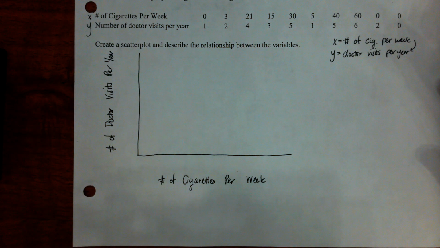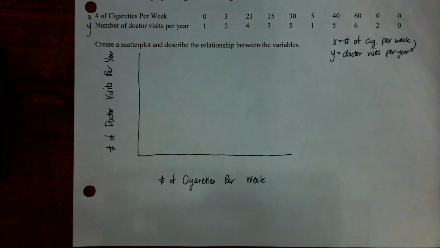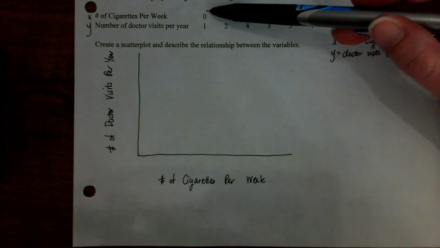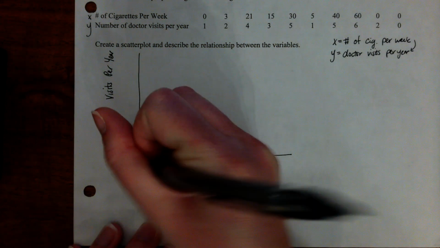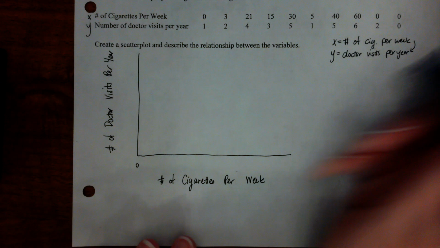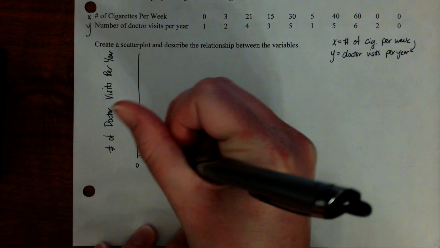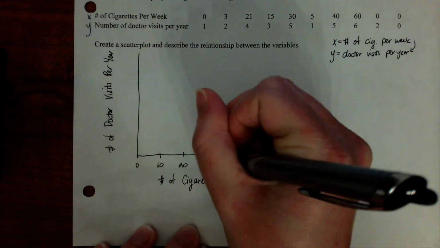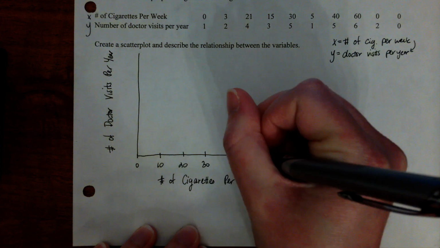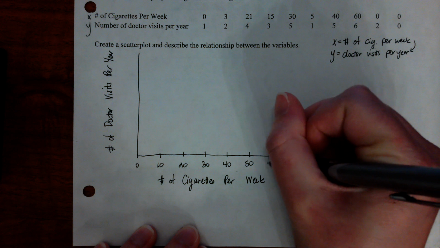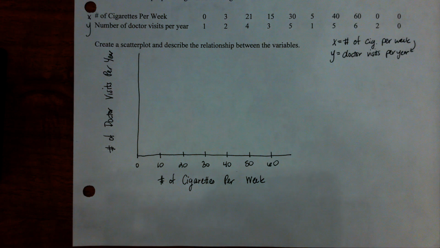All right, so now we're going to start plotting these points, but we kind of got to figure out what we're going to go up by. So let's see. For our x, we got to start at 0. So we'll have 0 down here. And we got to go up to 60. So we can go up by tens if you wanted to. So 0, 10, 20, 30, 40, 50, and 60.